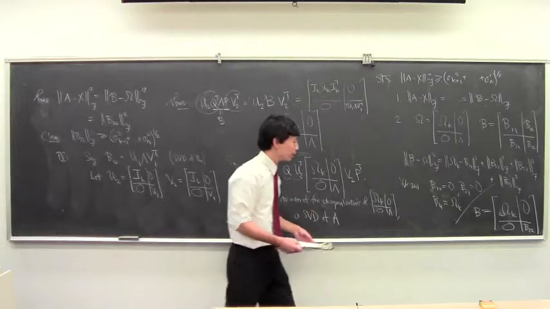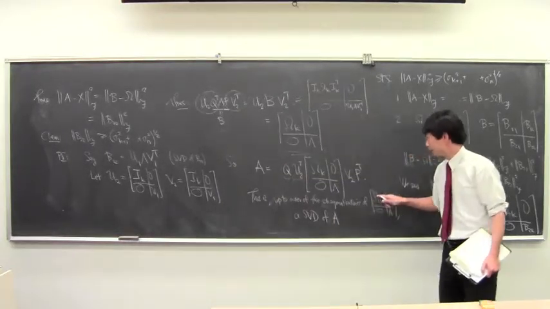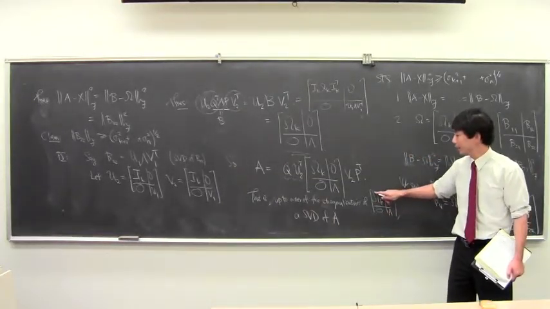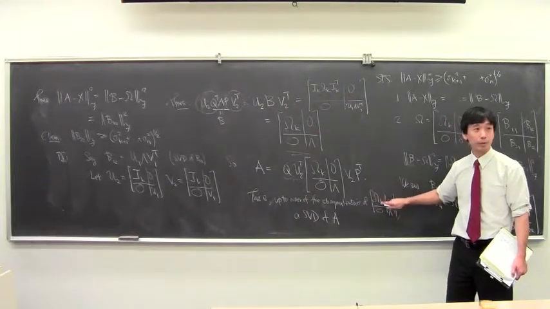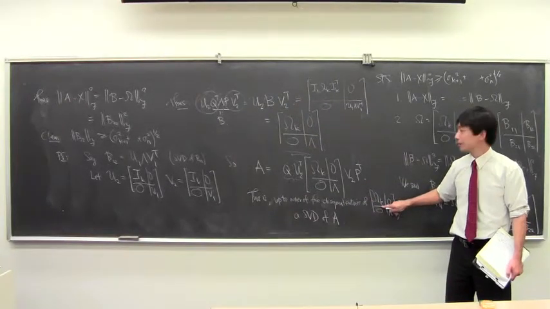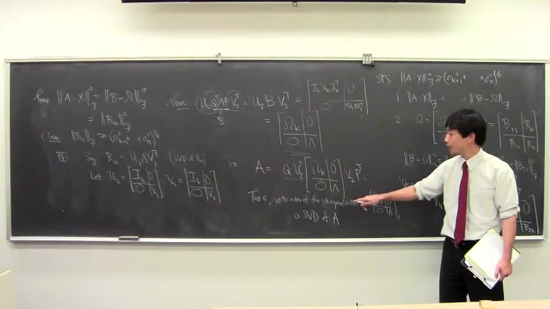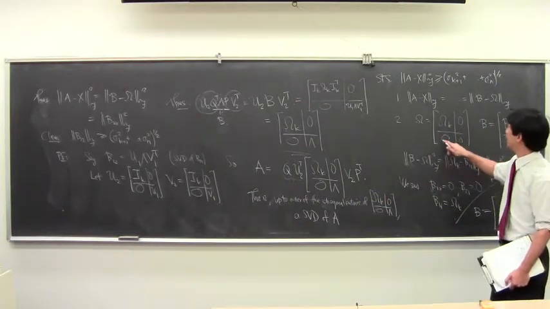The only thing that might keep it from being a singular value decomposition is that these guys are not necessarily in decreasing order. So why do I say up to the order of the diagonal entries?